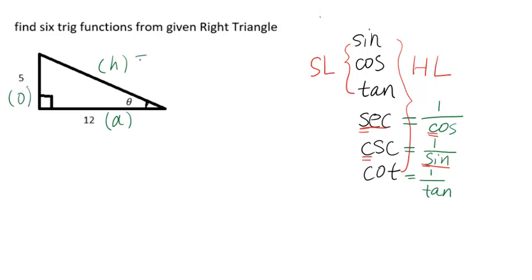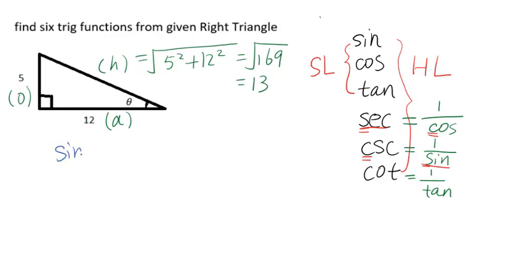So for the hypotenuse, you use the Pythagorean theorem. That's 5 squared plus 12 squared. You will get the square root of 169, which equals 13. Therefore, we can write sine theta equals O over H. That's 5 over 13.